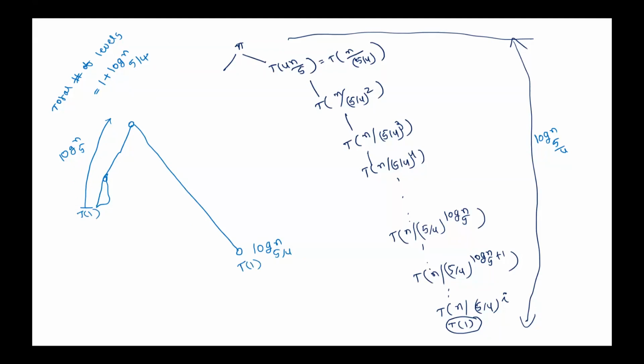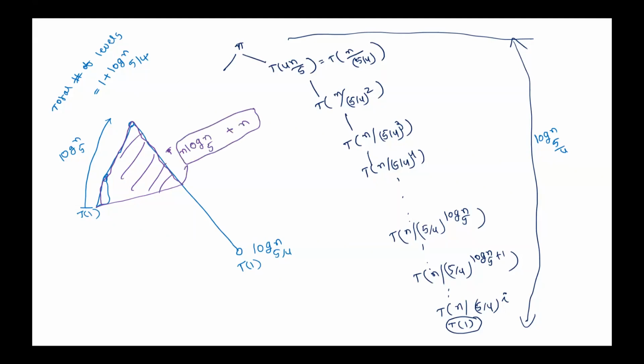Is that correct? Sir, it is correct. Up to this, what is the amount of work we have done? We know that up to this part, the amount of work done is exactly n log n base 5 plus n.